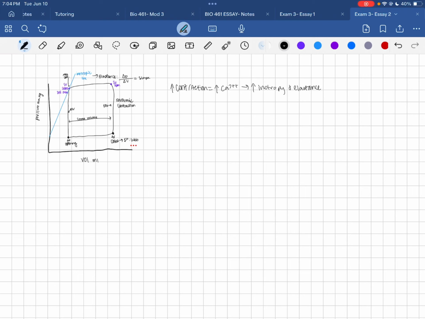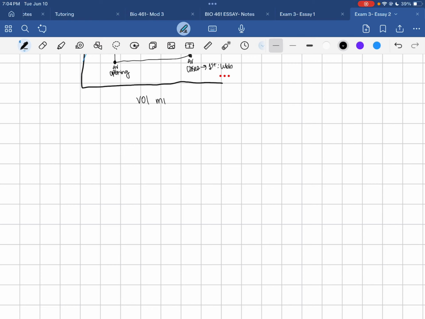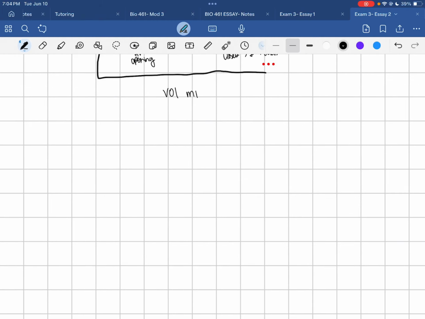Compliance is the inverse of elastance. So if we have a heart with a lot of compliance, it has little elastance. And then we can also get into preload.